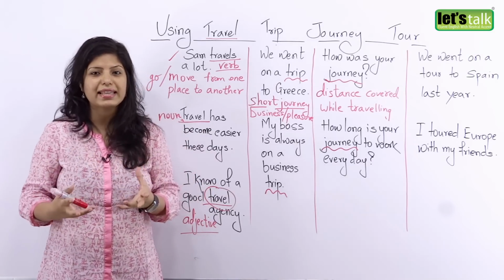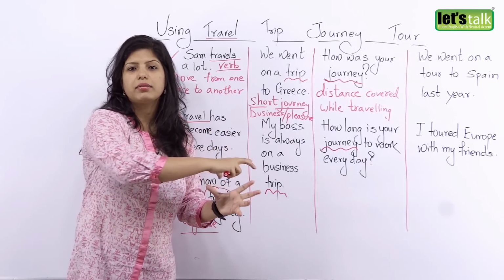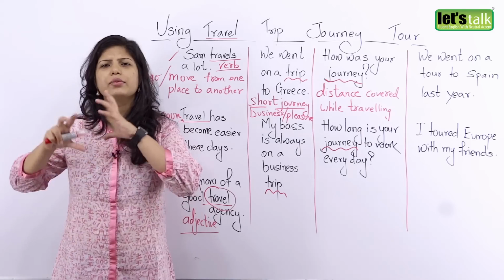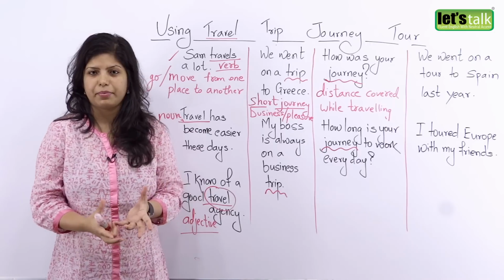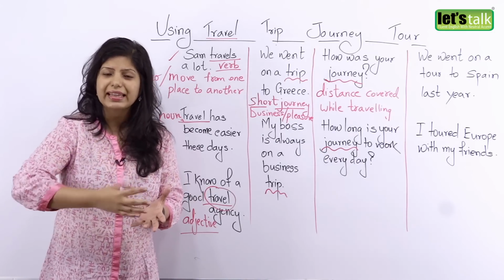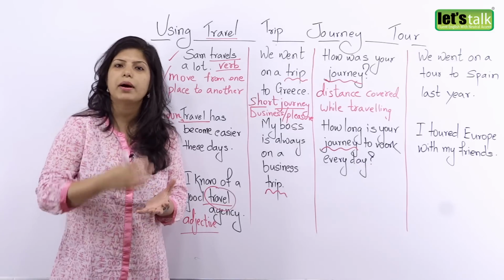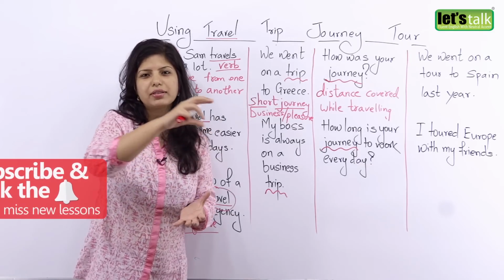So what happens then is that on a particular trip, you would cover many different places. You would visit many places and you would do a lot of sightseeing, see a lot of different cities, for example. So a tour is like a trip. However, it's mostly used when you talk about a holiday and it involves different places.